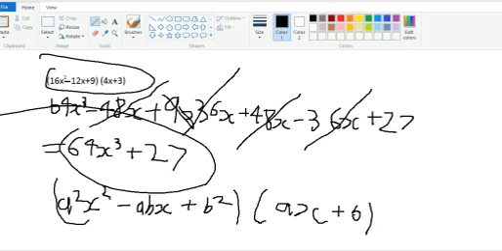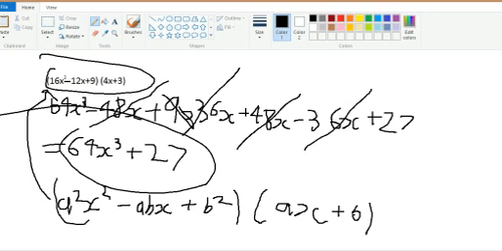which is a squared x squared minus abx plus b squared in parentheses times ax plus b would give us the sum of two perfect cubes. And we can see how this applies to our polynomial.